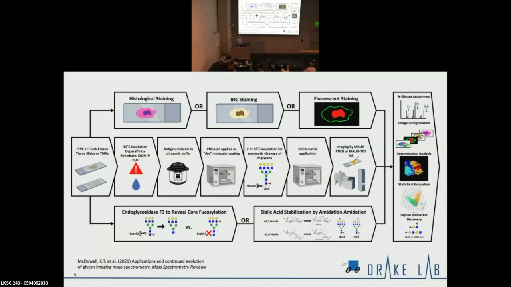There's lots of carbohydrate antigens, and we started going down that path first, and then started linking antigen expression with the glycans themselves. There's a lot of different things, no time to cover. There's a lot of places where you can do different things that are either complementary or just generate new types of data. I'll cover a couple of those briefly.